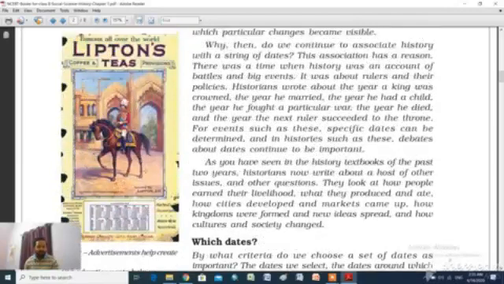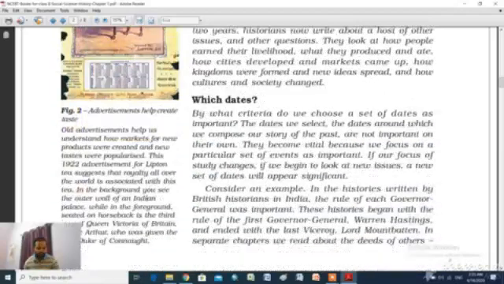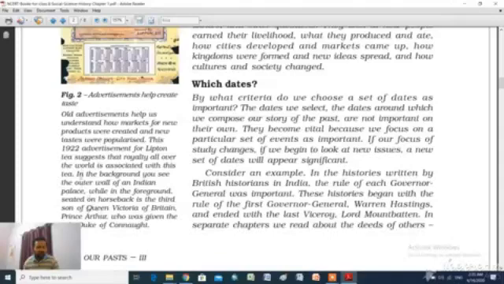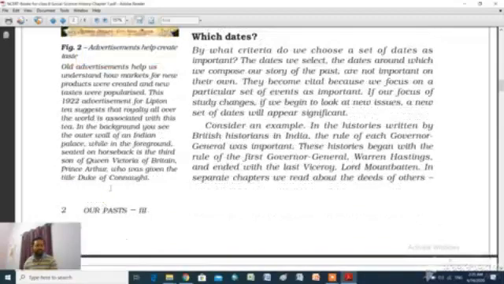And in this advertisement you can see that there is an Indian palace, and in the background you see the outer wall of the Indian palace, while in the foreground, seated on horseback, is the third son of Queen Victoria of Britain, Prince Arthur, who was given the title Duke of Connaught.